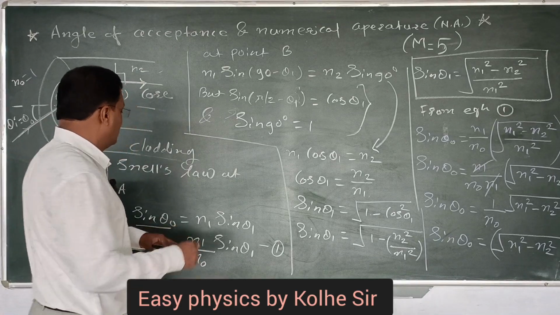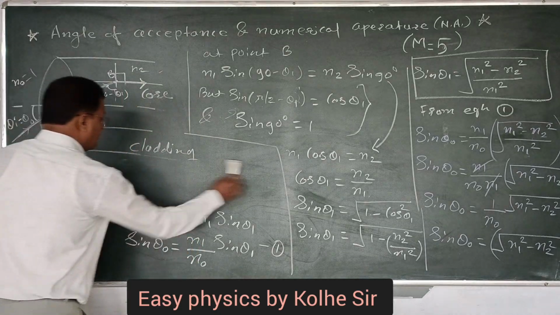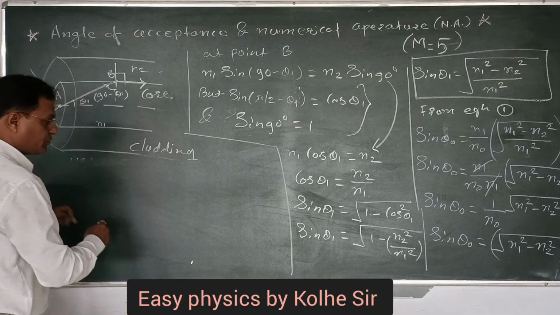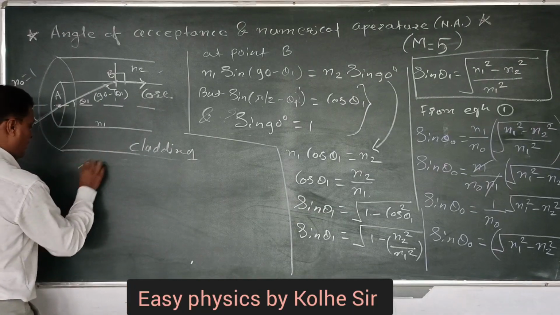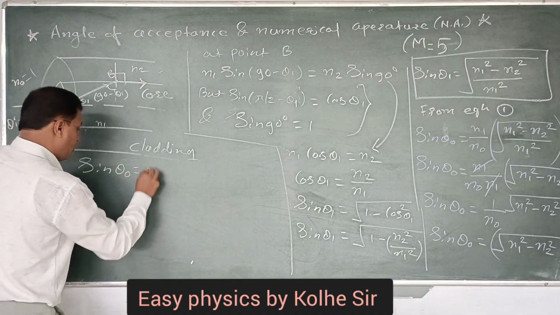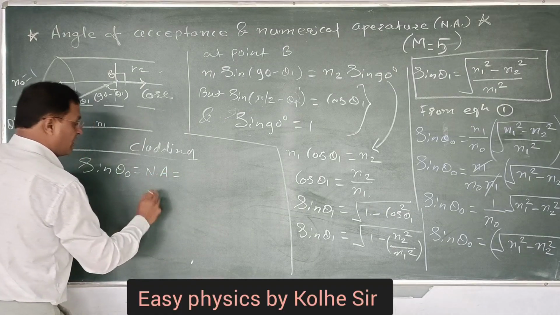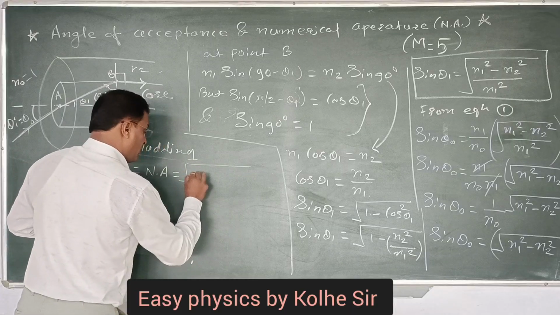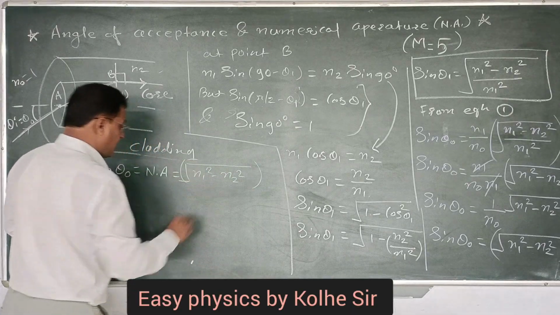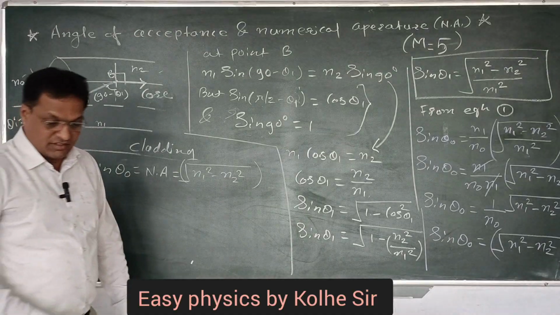Now the next, sine of theta suffix 0 means numerical aperture is equal to root of n1 square minus n2 square. This is the relation.